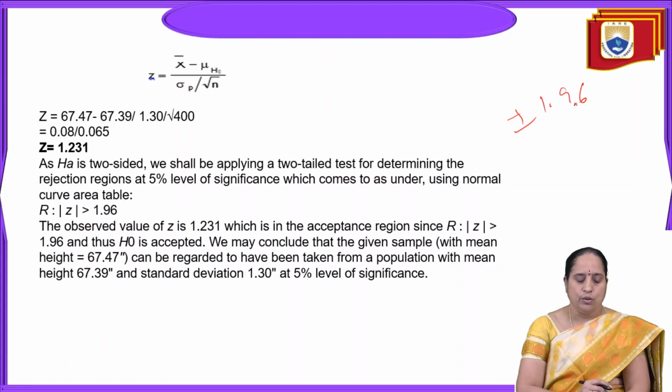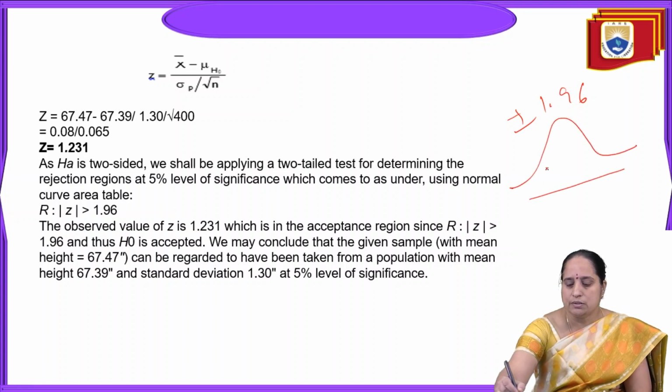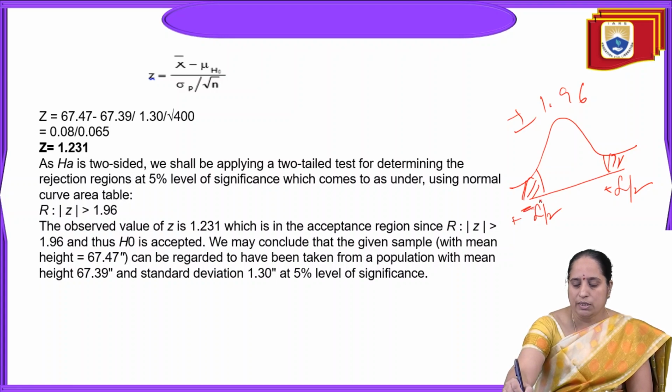Now compare this plus or minus 1.96 on both sides. At 5%, as it is two-sided, the level of significance will be alpha by 2, so it will be 0.025 on both sides, and here it is minus 1.96, whereas here it is plus 1.96.